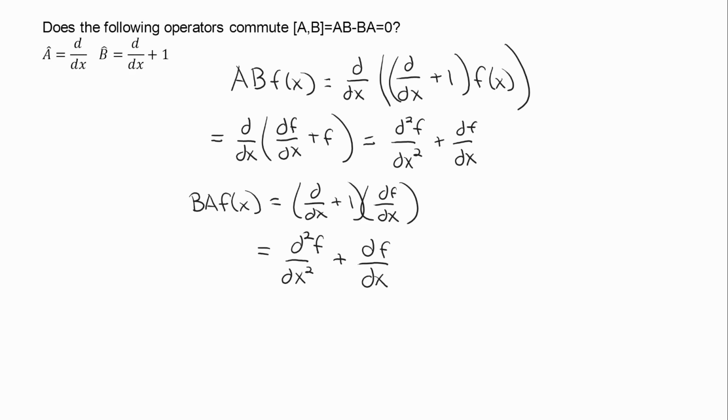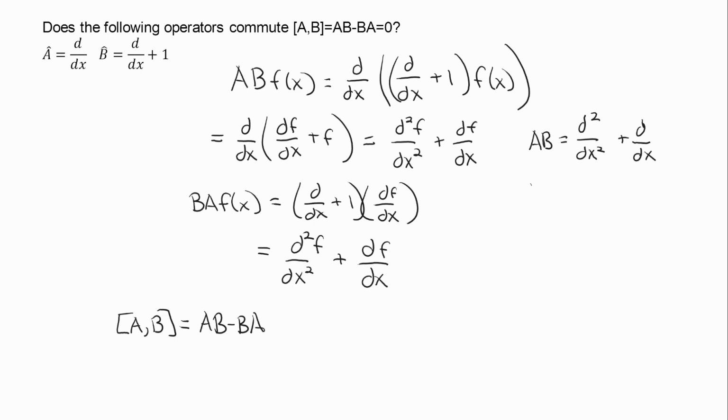So we see we have the same resultant: AB of f of x is the same thing as BA of f of x. When you find your commutator, it's the same thing as finding AB minus BA. AB and BA are relevant to what we found above, where AB is just everything after we factor out our f of x. So AB is the second derivative transformation plus the first derivative transformation.